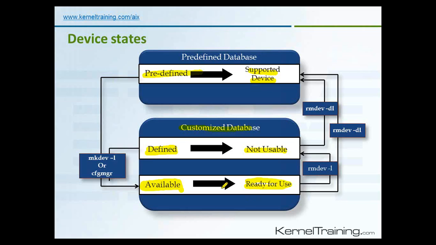If I want to move any device from available to defined, for example, I want to break the connection to the device for a temporary period of time. Assume that I am removing the device for a while, and I would like to remove it safely. To do that, I'll put the device from available to defined, so that I may remove it physically for a while and reconnect it at a later point of time.